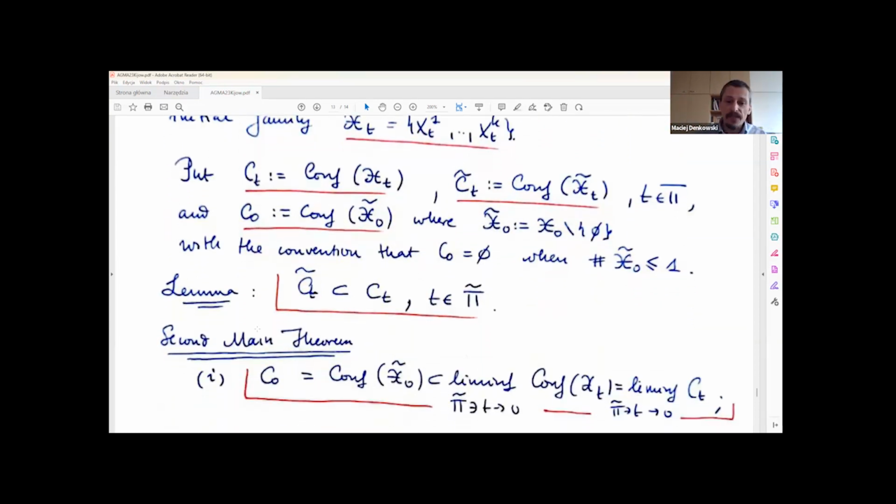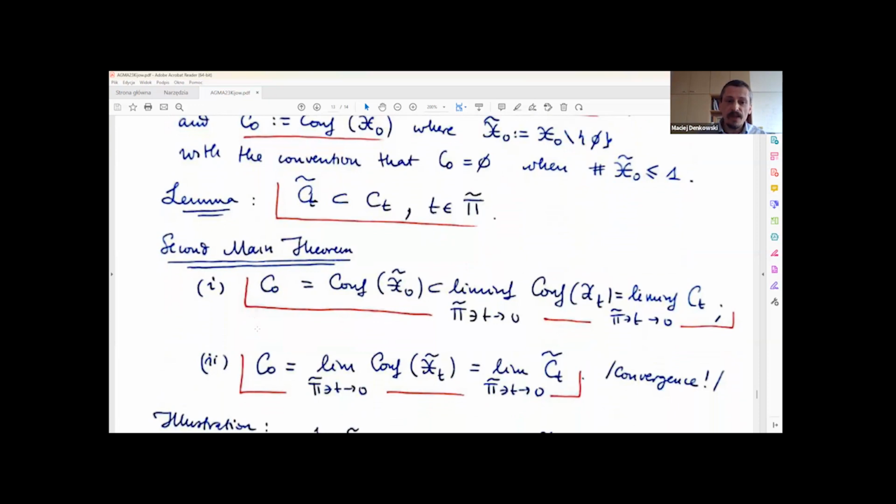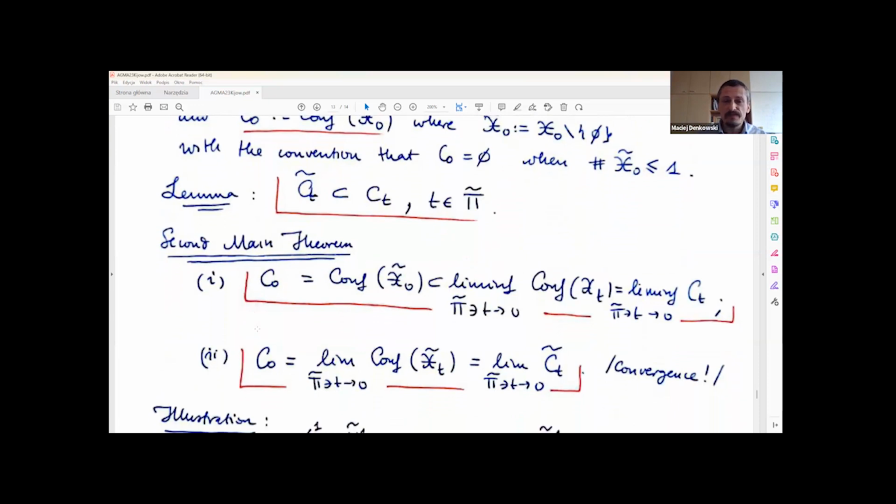And the second main theorem is actually in two parts. The first part is just the inner semi-continuity. On the right-hand side, you have the lower limit of the initial conflict sets. On the left-hand side, you have the conflict set of this family that you obtain from regrouping the limits in a nice way, right?